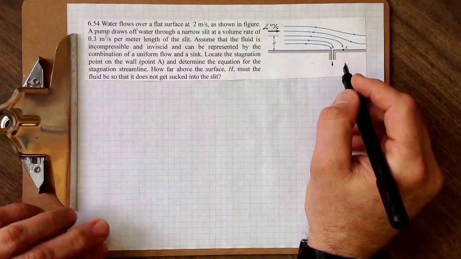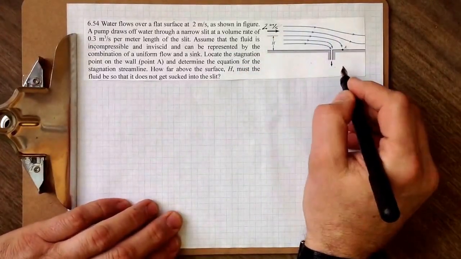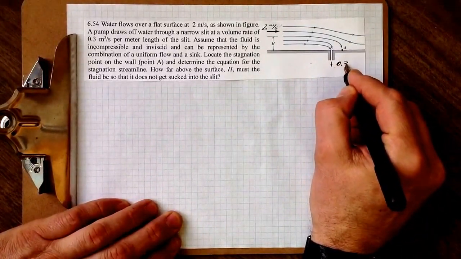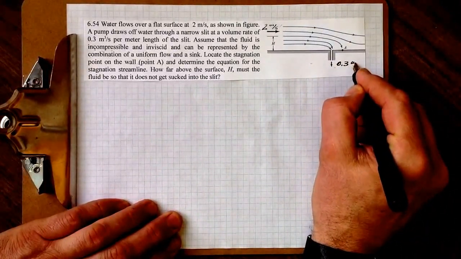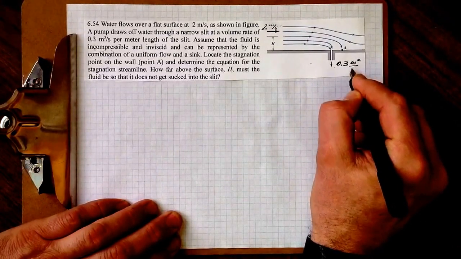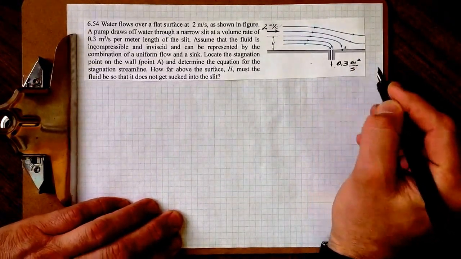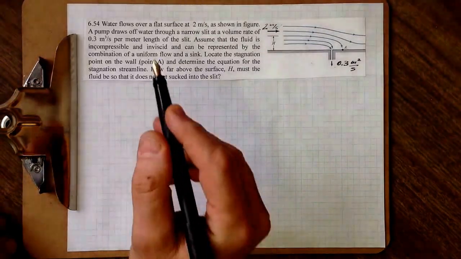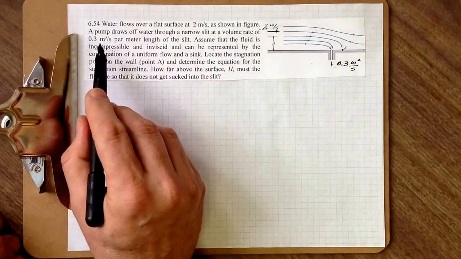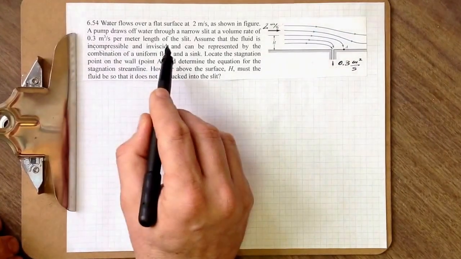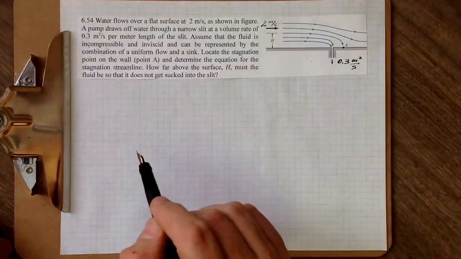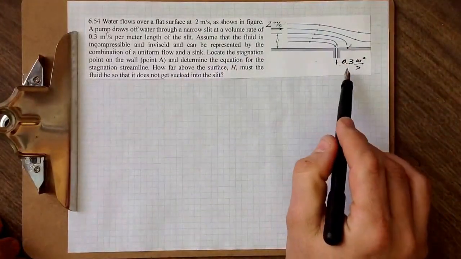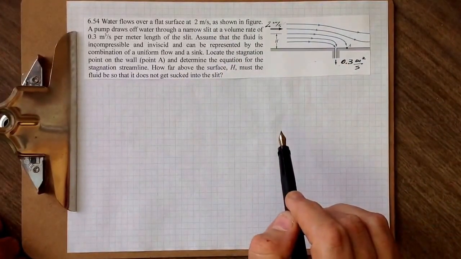And the sink strength, the suction rate here, is 0.3 meters squared per second. What it says here in the text is 0.3 meters cubed per second per meter length of the slit, so that boils down on a unit segment to 0.3 meters squared per second.